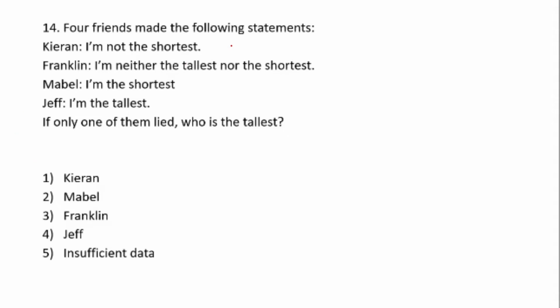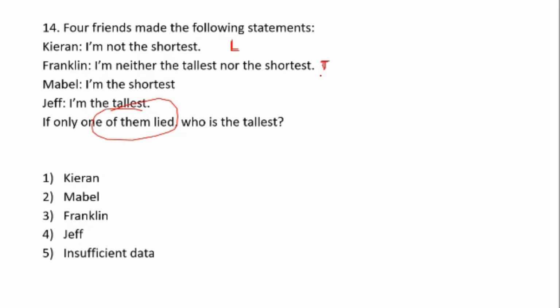Let's say that Kieran lies, okay? Remember that there can only be one liar. So if Kieran lies, I'm not the shortest, okay? So he cannot be the shortest. Franklin says, I'm neither the tallest nor the shortest, and we cannot determine whether it's a lie or the truth. So let's say that this is the truth, because it has to be the truth.